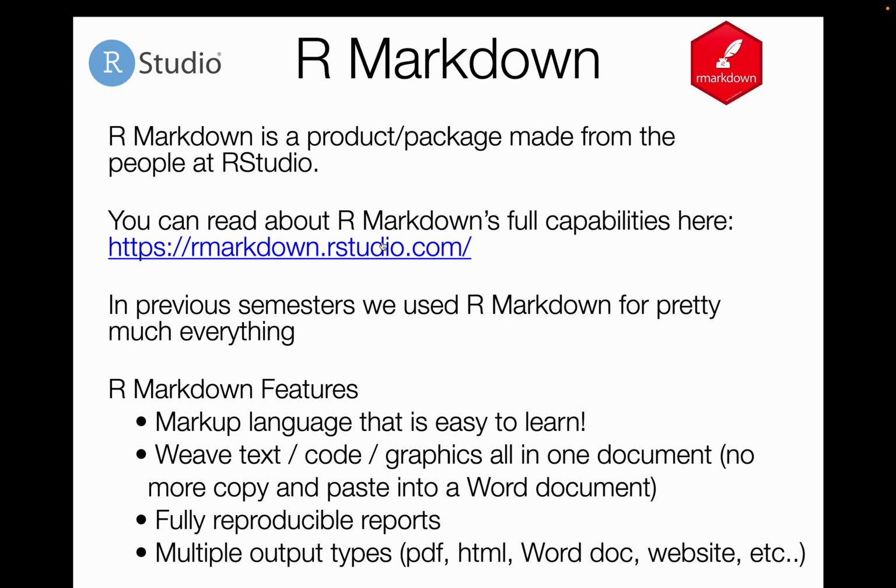The third bullet point, fully reproducible reports, is a really important aspect of R Markdown and, as we'll see, its newest version, Quarto. Really important, but probably something that won't make sense at the moment.